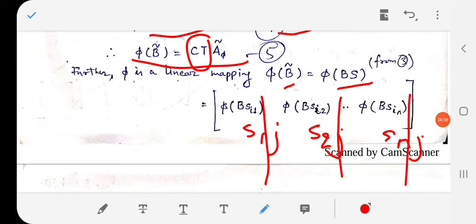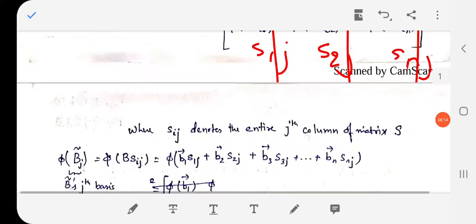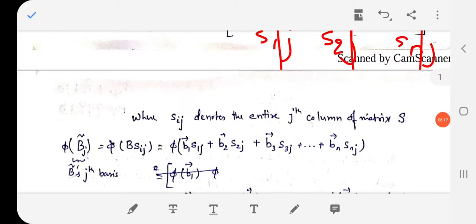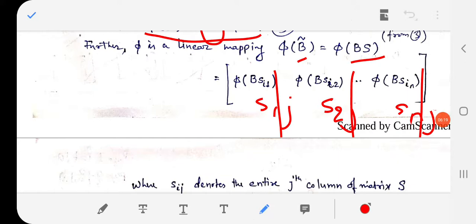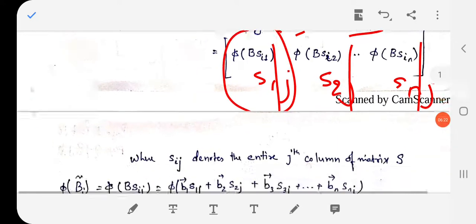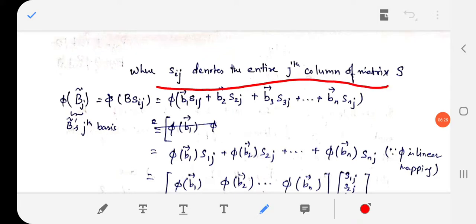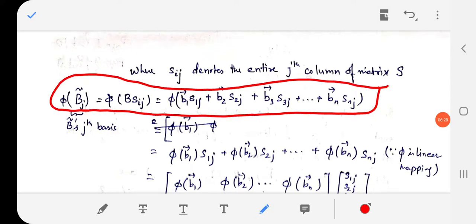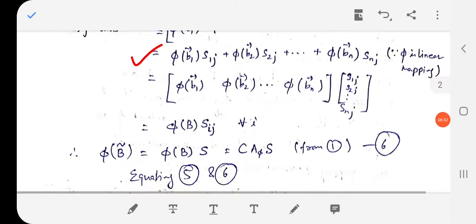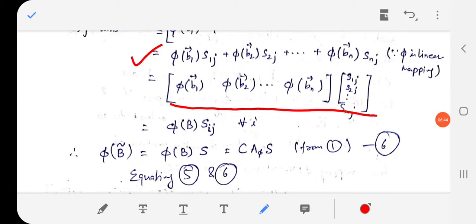Okay, so if we do that, this particular column can be written in this form. Now since phi is a linear mapping, you can definitely write like this with the help of the definition of the linear mapping, because of which you are able to make this particular kind of matrix multiplication, which can be written this way.